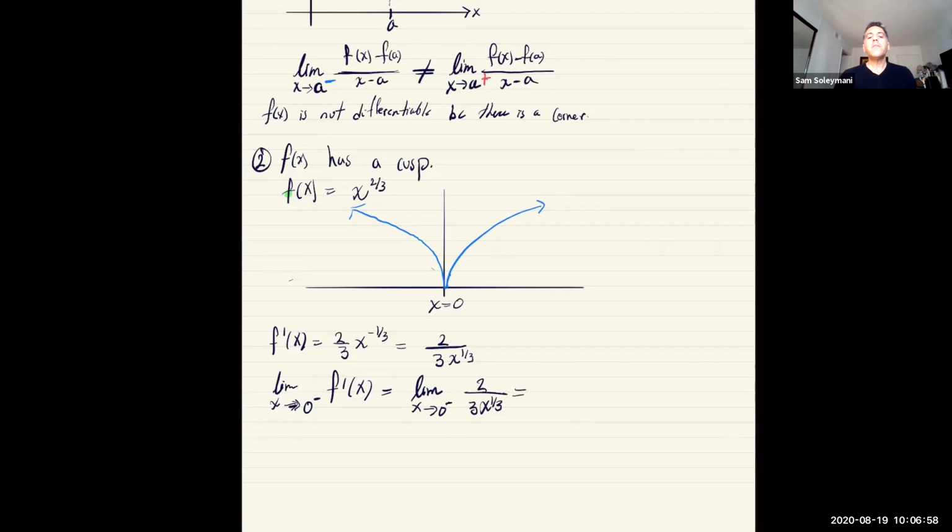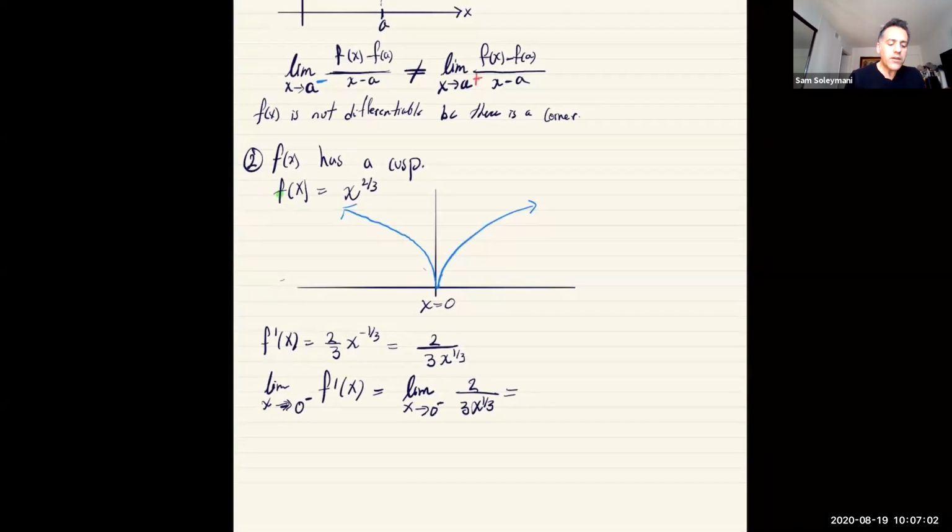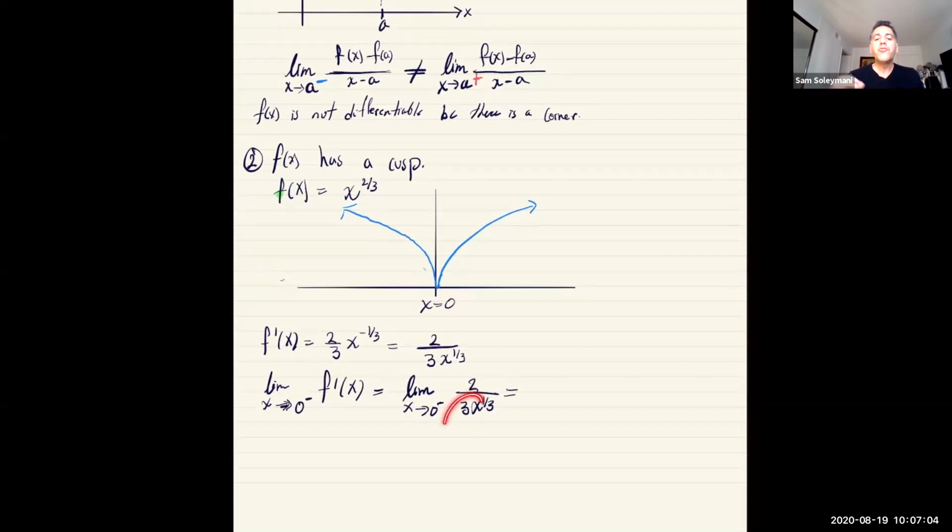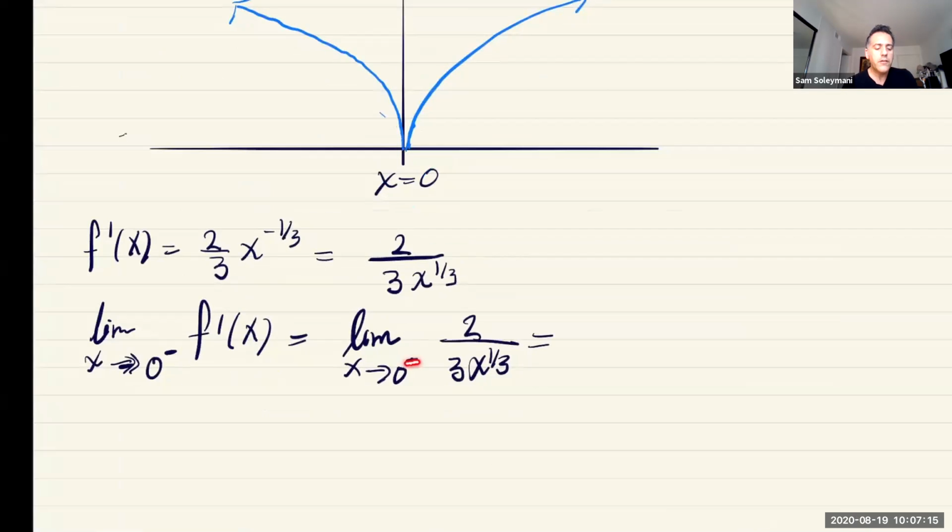Here, when x becomes 0, this denominator becomes really small, but it's still negative because x is going to 0 from the left.